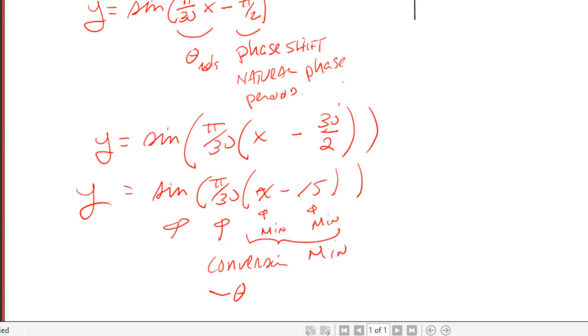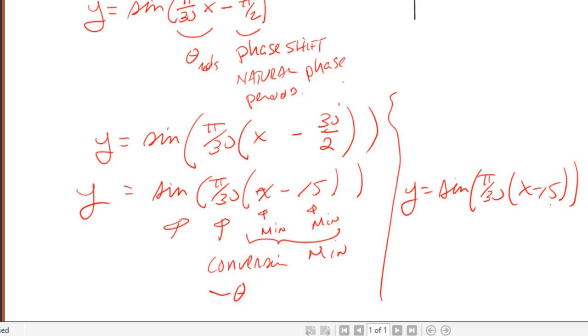So this is what I've been calling, when I write in this format, this modified. So this is sort of modified, but the 15 now is really called the horizontal shift.